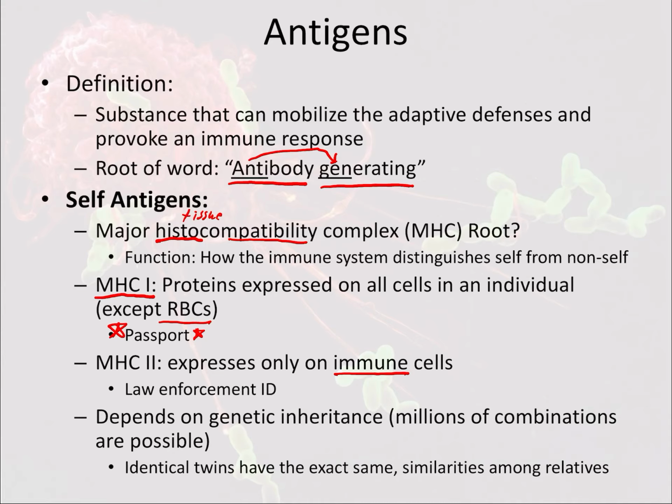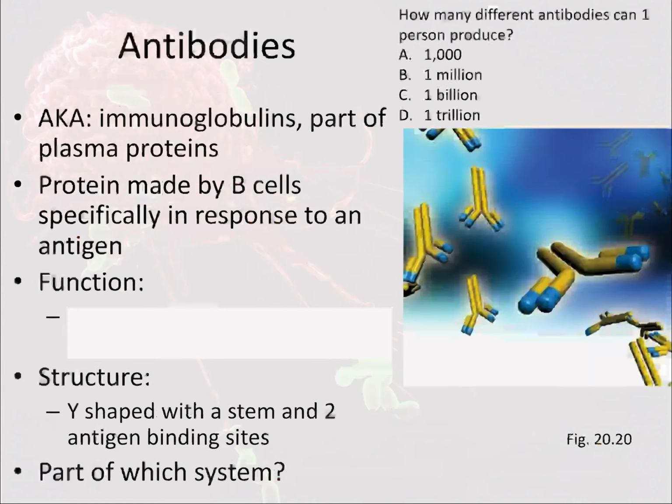This depends on genetic inheritance, and there are millions of combinations possible. Interestingly, identical twins have the exact same MHC proteins, and there are some similarities among relatives.